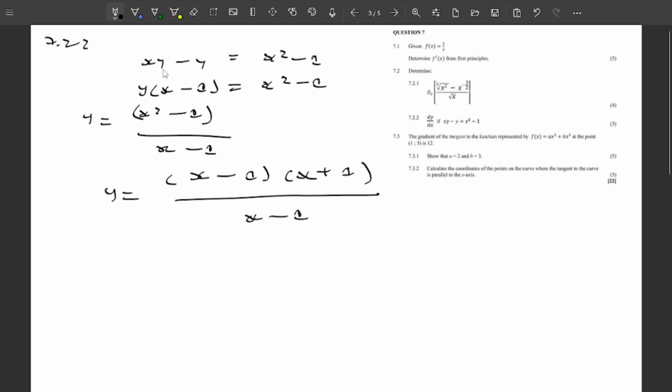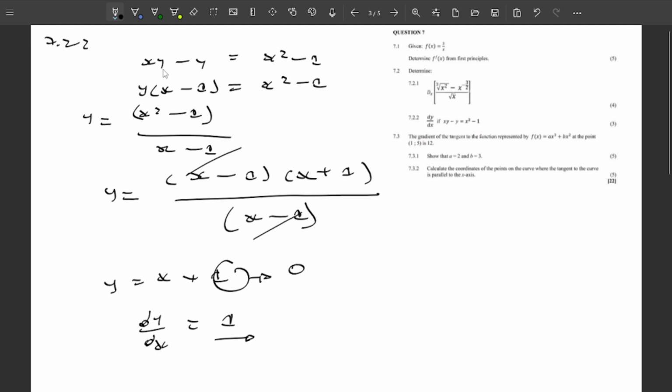So we always like simple things, you know. And y is equal to x plus 1. Therefore, we can derive it and say dy with respect to dx. The derivative of dy with respect to dx is 1, because this one is going to be 0 and this one is going to be 1.